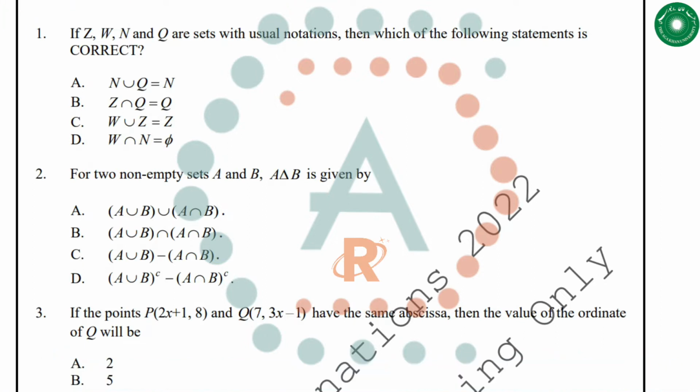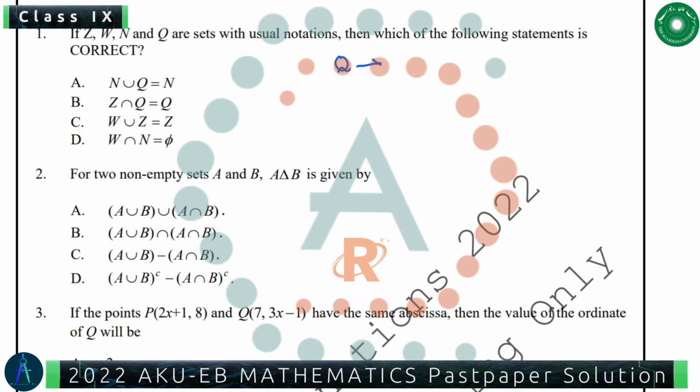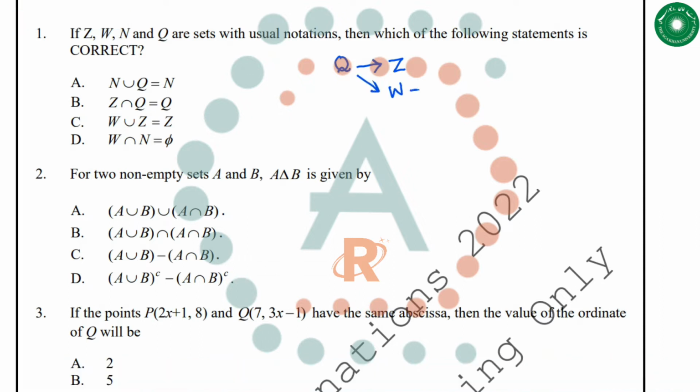condition is correct. So we know that the set of rational numbers comprises all those numbers that are integers and whole numbers, and natural numbers are a subset of whole numbers.